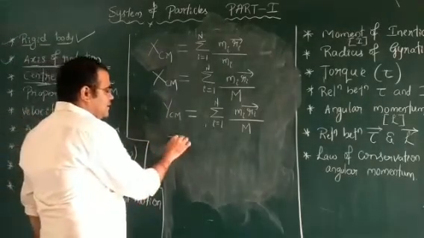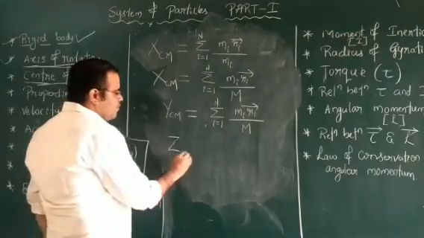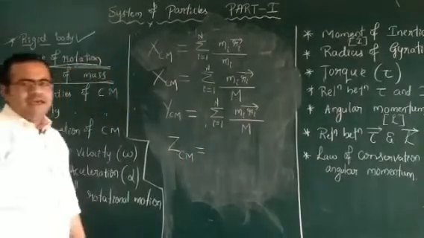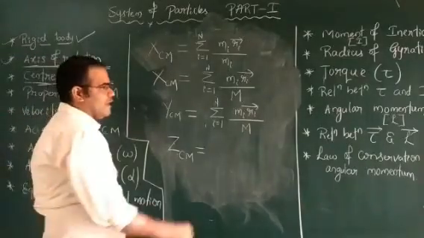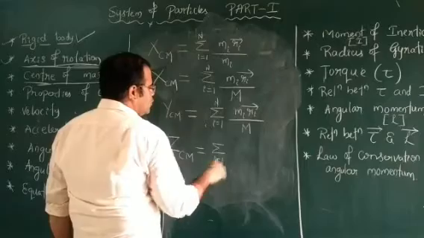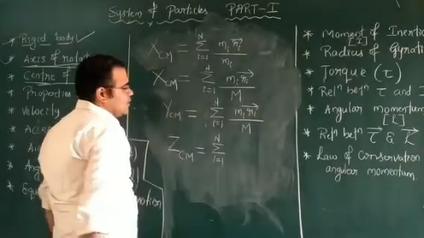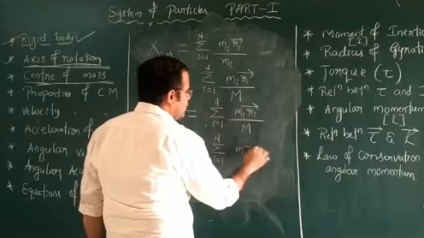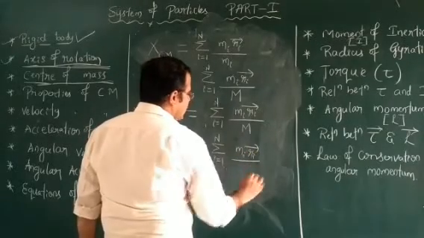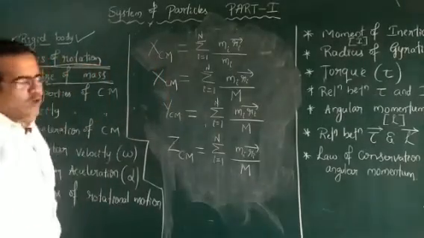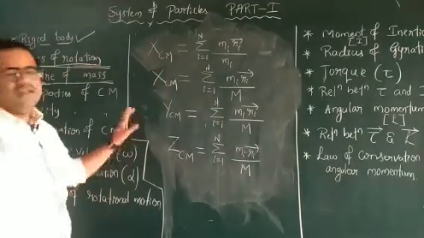Now the distribution of the center of mass along the z-axis can be written as ZCM. That will be the summation from i equal to 1 to n number of particles of mi ri vector, again divided by the total mass of the rigid body.